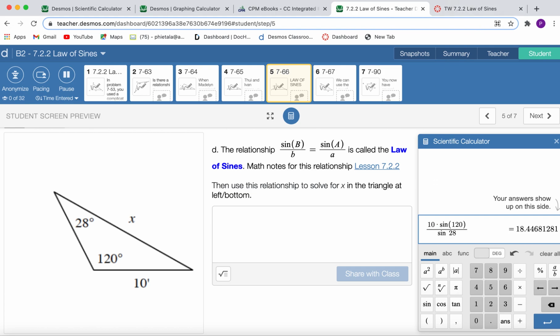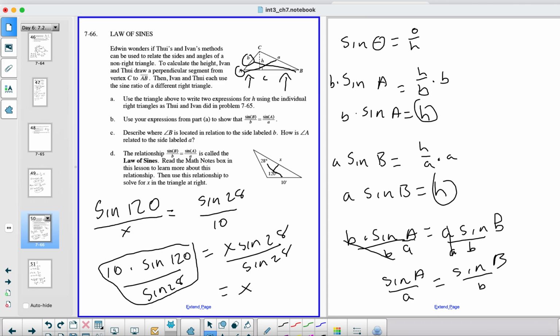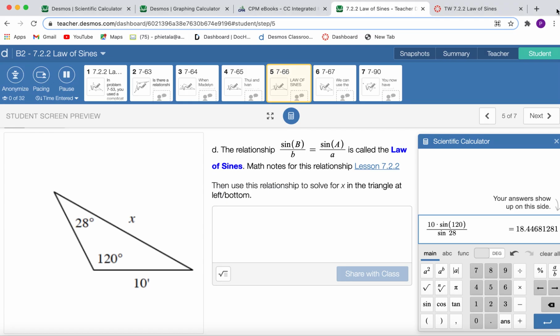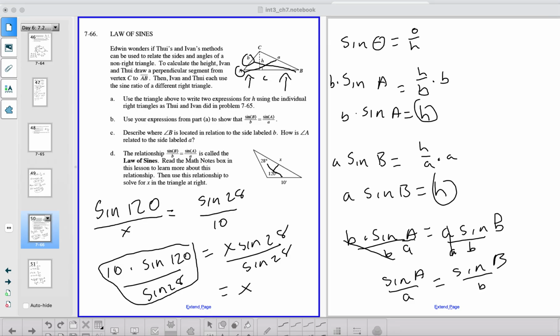Double check all my numbers were correct there. Yeah. Okay, we should get 18.4. So my x equals 18.4.